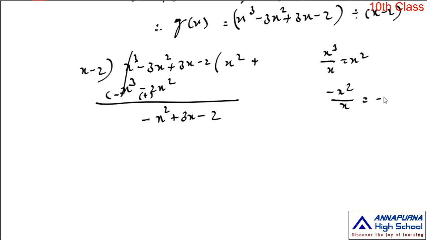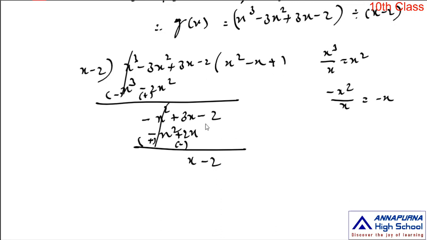Minus x square by x is minus x. Minus x into x is minus x square, minus x into minus 2 is plus 2x. Change the signs. Plus x square minus x square cancel. Plus 3x minus 2x is x, minus 2. The third term is plus 1. x minus 2.